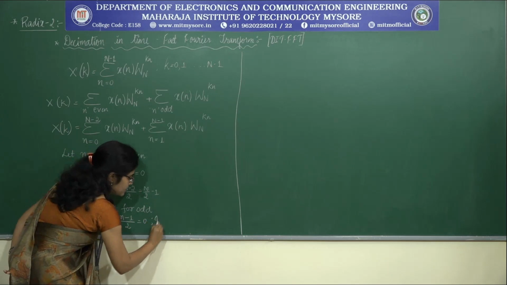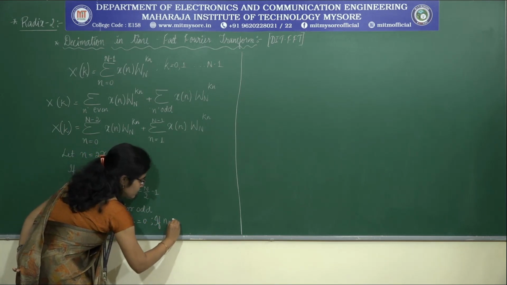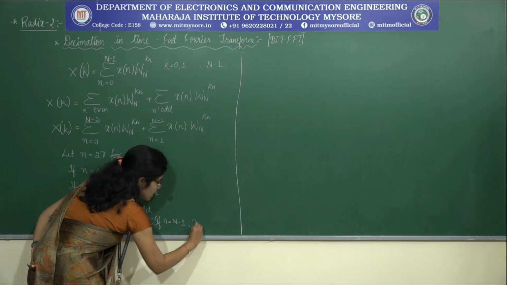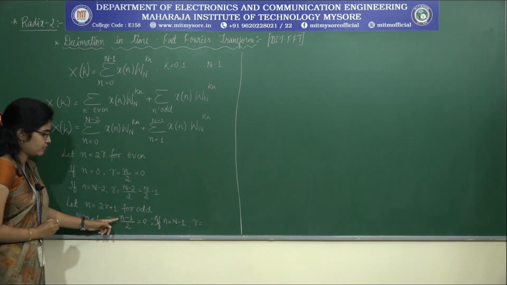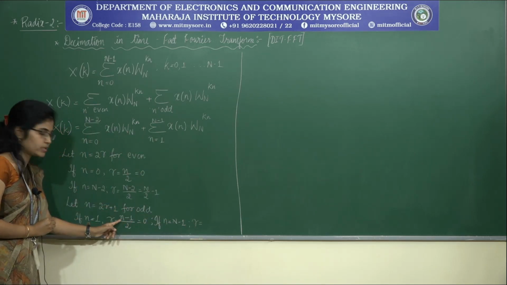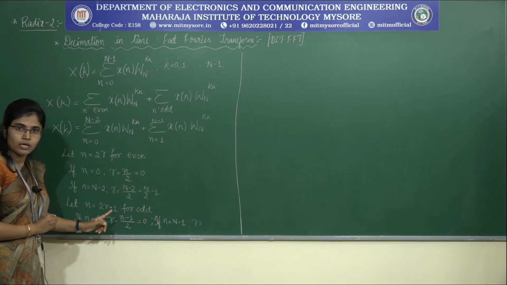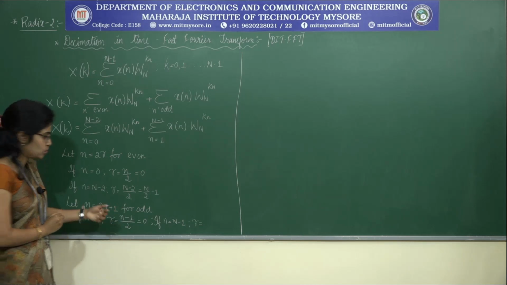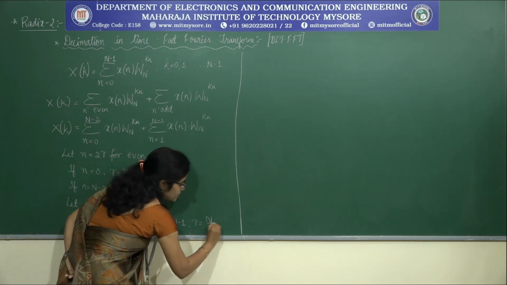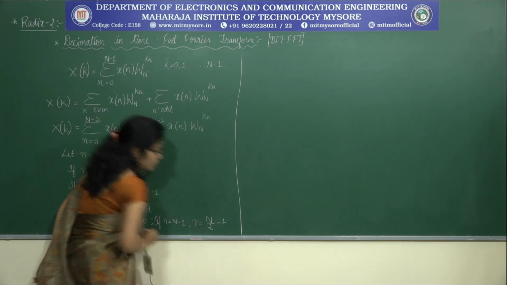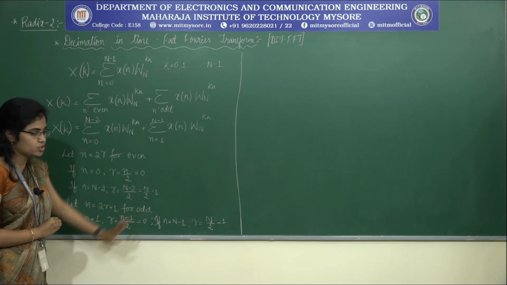Similarly, if n is equal to n minus 1, if I substitute n as n minus 1 in this equation, it becomes n minus 2 by 2, which can be written as n by 2 minus 1. So we found out the change in limits also.